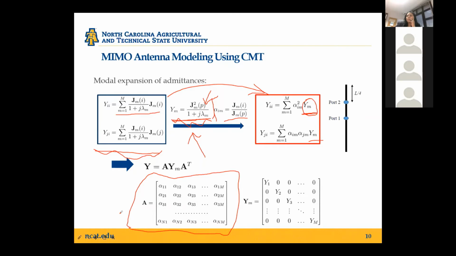You can probably do that, but it's probably going to be frequency limited. You can only implement it at a certain frequency, because the transformation ratios here are current ratios of the characteristic modes, so they remain pretty constant over a relatively wide bandwidth. In other words, it's relatively frequency independent.